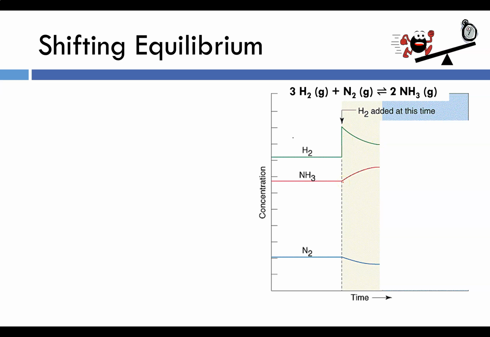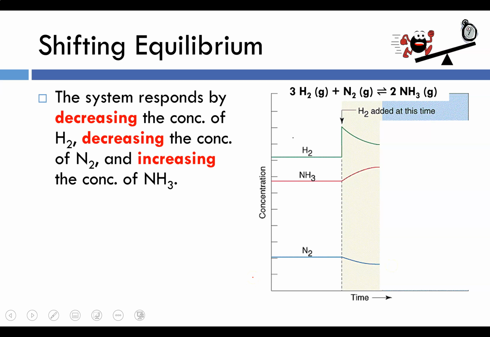The concentration of ammonia over on the product side starts to increase, and nitrogen, the other reactant, also starts to decrease. So this is how our system is responding to the stress of adding additional hydrogen gas. We decrease the concentration of H2 and N2, and we're increasing the concentration of our product, NH3.